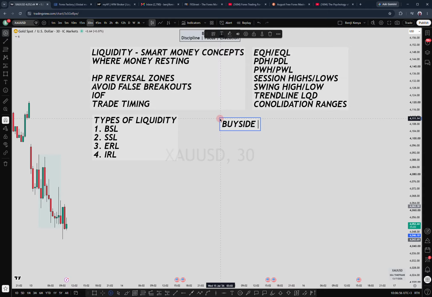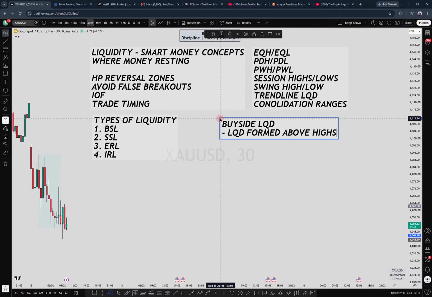Buy side liquidity, LQD. So buy side liquidity is liquidity that is usually found above highs. This is liquidity formed above highs.